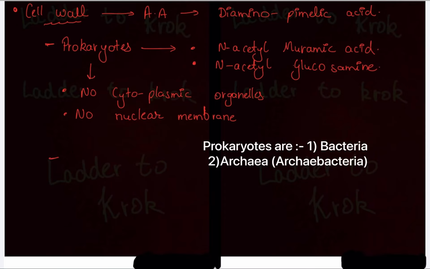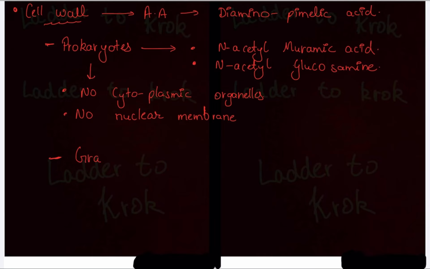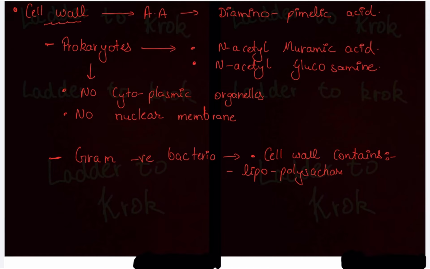Now after that, let's discuss gram positive and gram negative. The first one is gram negative bacteria. We will discuss their cell wall. In gram negative bacteria, the cell wall contains lipopolysaccharide.